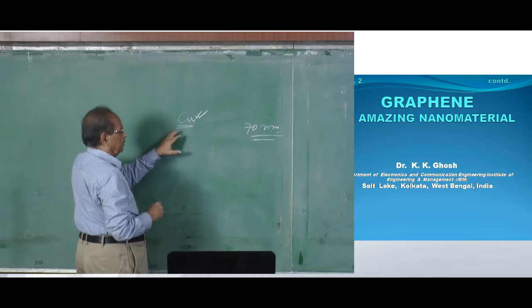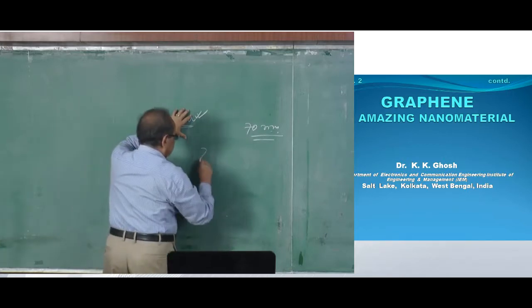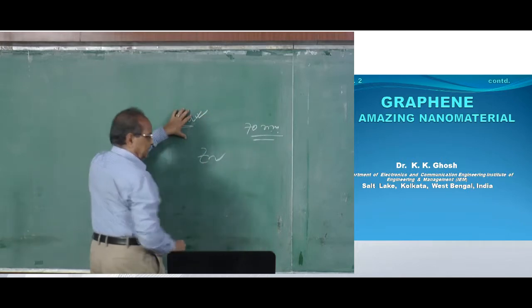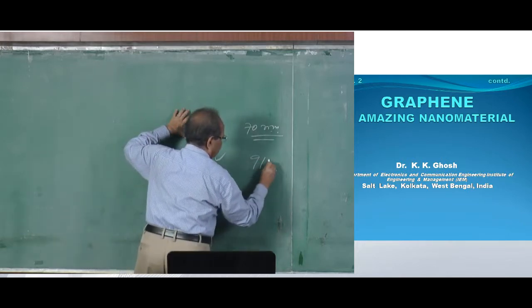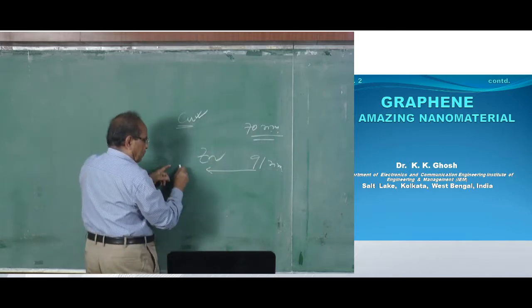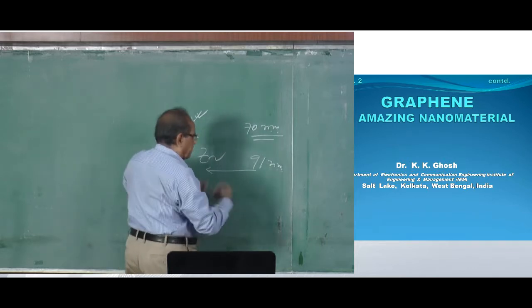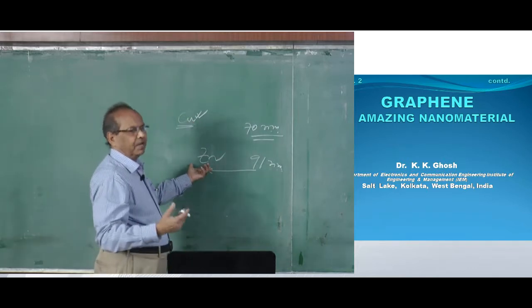It will show a fantastic behavior different from the bulk copper. But say zinc, if you take zinc, say it is 91 nanometers, suppose. Then from 0 to 91 nanometer, it can exhibit the peculiar property which is different from its bulk counterpart.